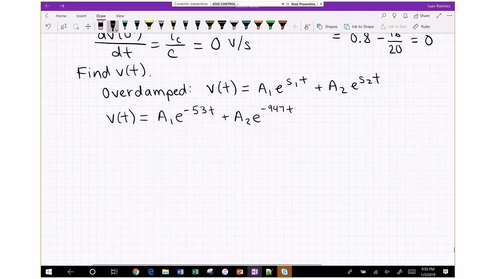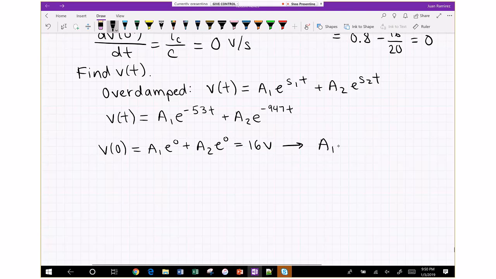Now we want to find A1 and A2. So let's plug in our initial condition for voltage. So from the initial condition, we know the voltage at time 0 is 16 volts.